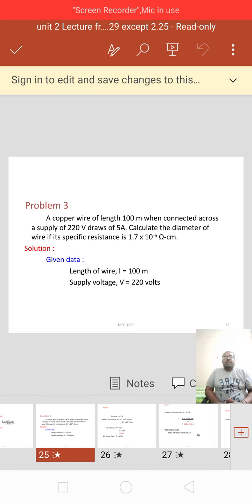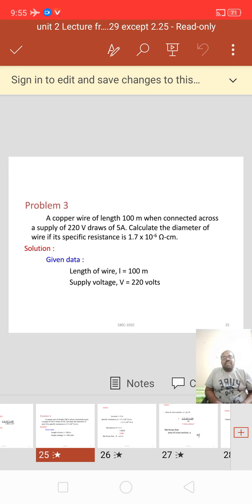The third problem. A copper wire of length 100 meter, when connected across a supply of 220 volts, draws 5 amperes current. Calculate the diameter of the wire if its specific resistance is 1.7 into 10 power minus 6 ohm centimeters.